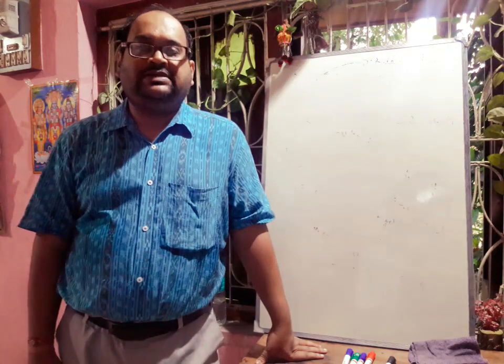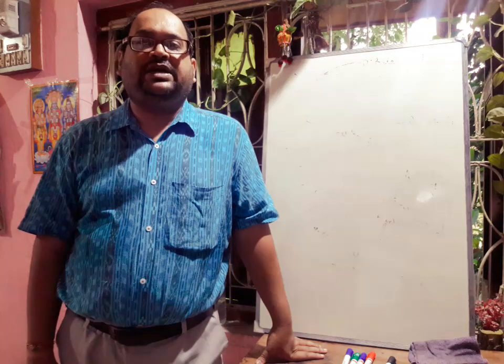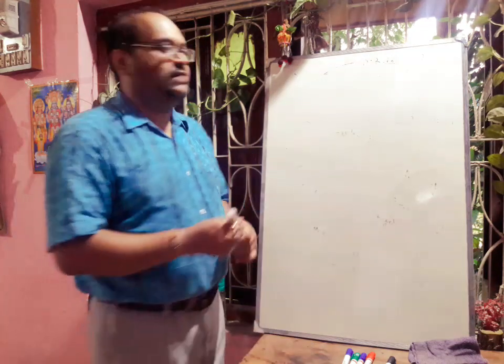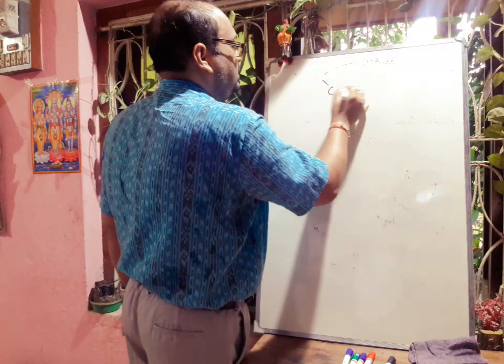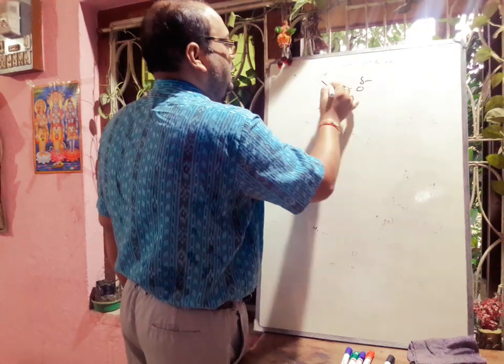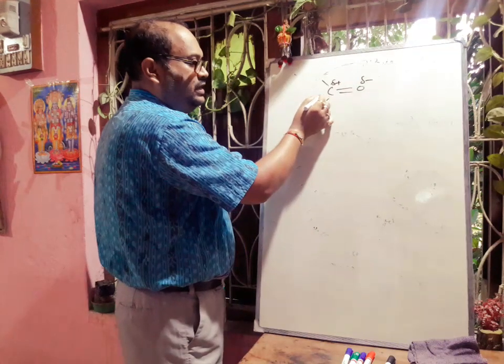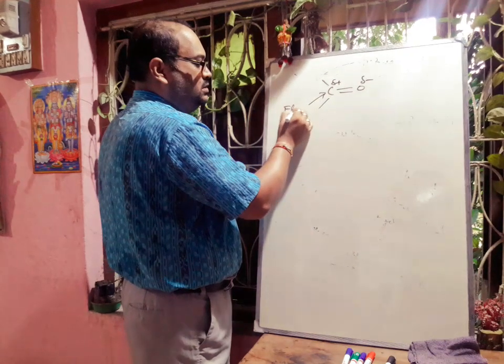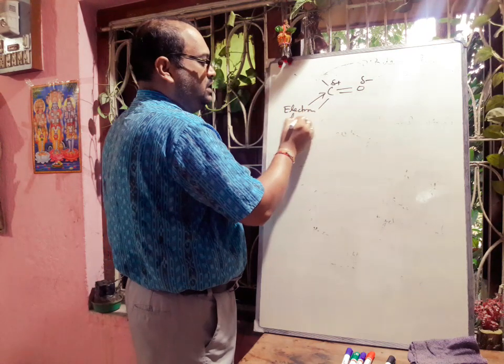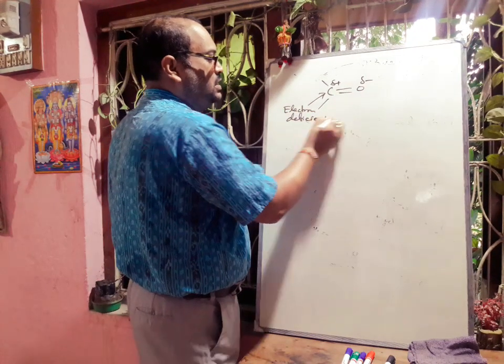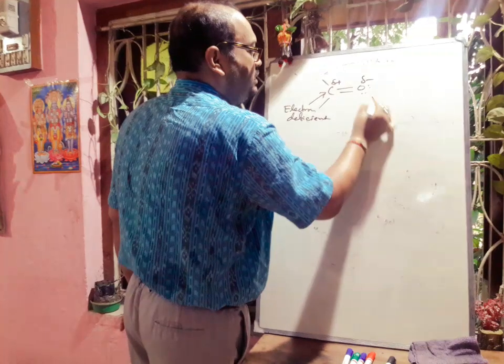So oxygen becomes partially negative and carbon becomes partially positive. I am drawing the structure so that you can understand. This is delta negative and this is delta positive. So this is electron deficient, and this one has a lone pair, so it is electron rich.